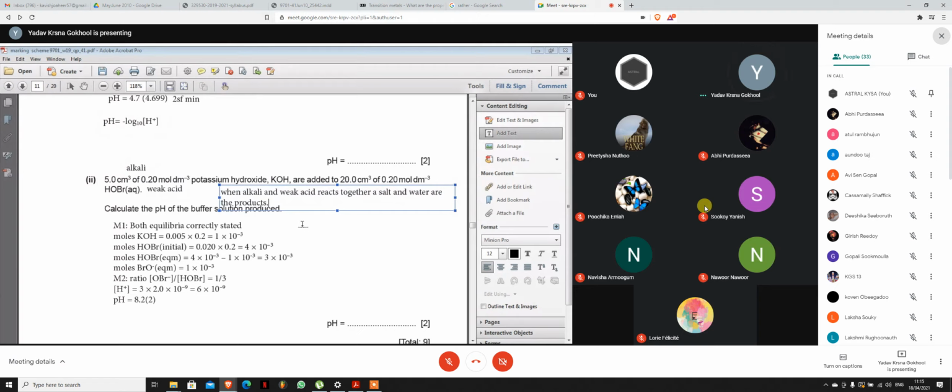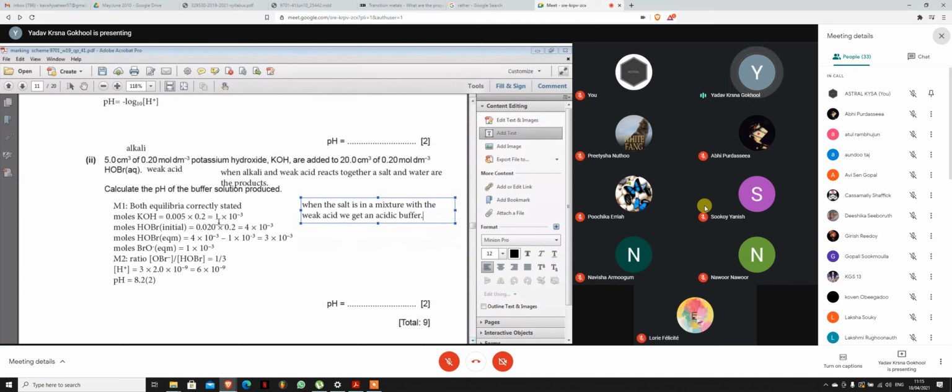Now, the salt is in equilibrium, in a mixture with the acid, which should be a weak acid, we get an acidic buffer. It's something which is known as an acidic buffer, where an acidic buffer has got a weak acid and the salt.